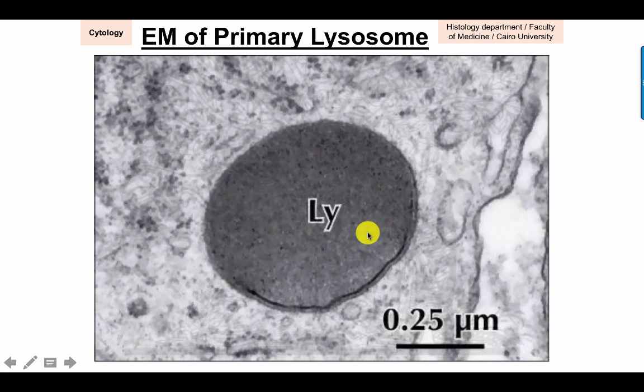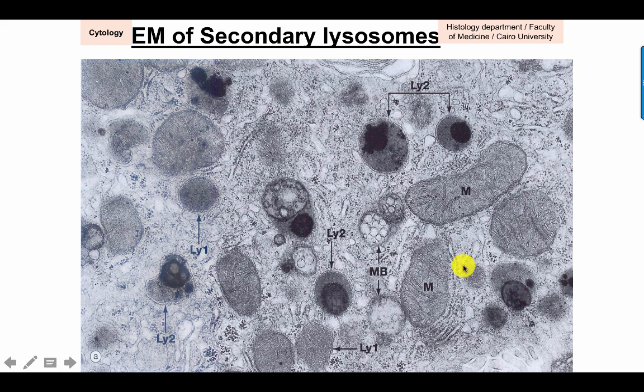The primary lysosomes are characterized by a homogeneous, moderately electron dense appearance in the electron microscope, because it has not yet started its function. After it starts its function, it is converted into secondary lysosomes of different types.